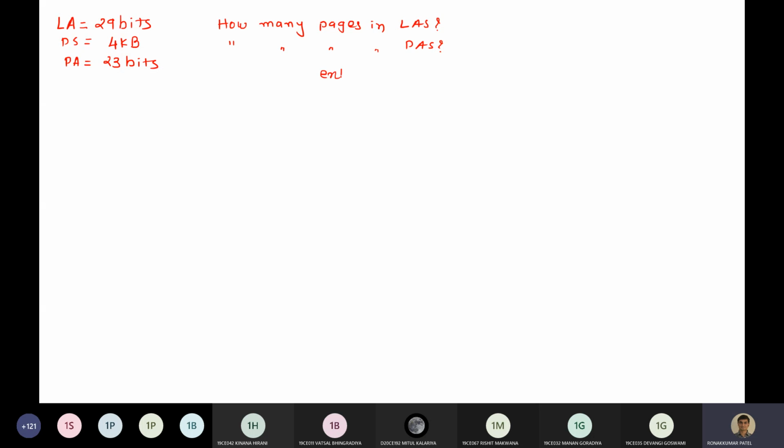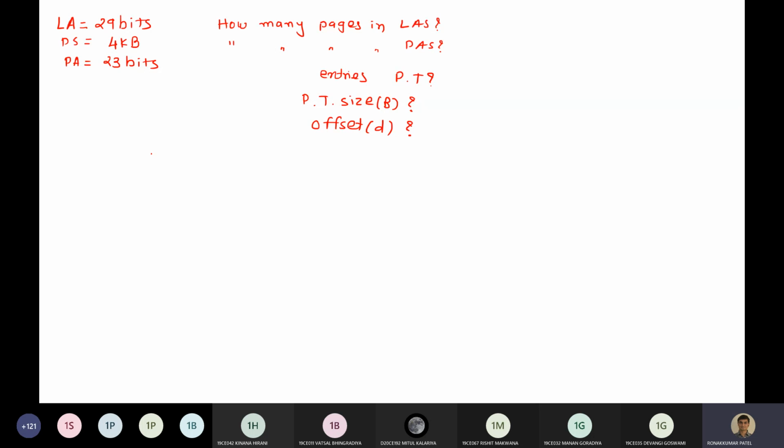How many entries you require in the page table, right? Right now we are restricted to this process. And what is the page table size in terms of bytes, assume this in terms of bytes. And how many bits are required for the offset d? This we want to answer, right? Okay.